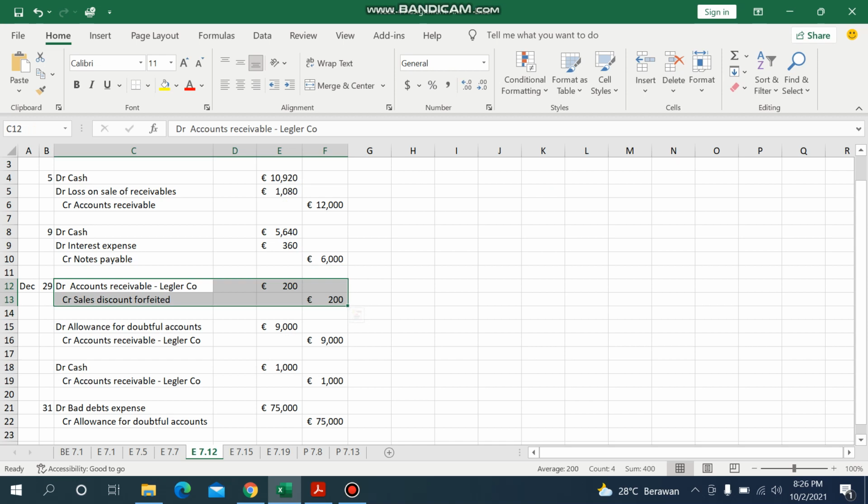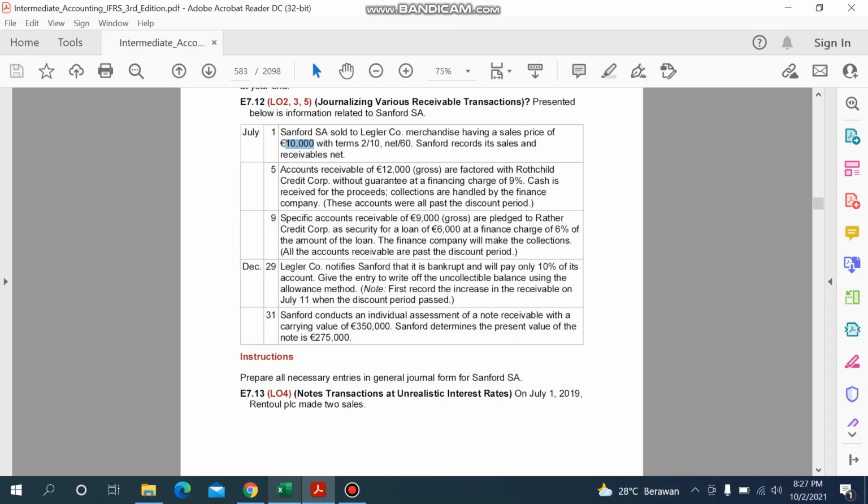So debit accounts receivable, credit sales discount forfeited, 200. That will be the discount that Lechner failed to get. And then we will write off the accounts receivable of 9,000 because Stanford only managed to get 10% of the accounts receivable.